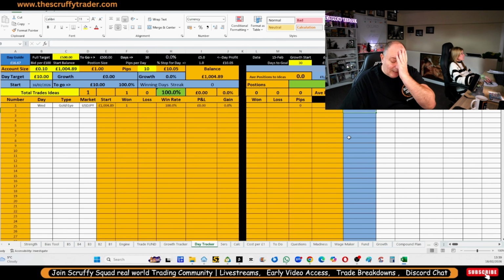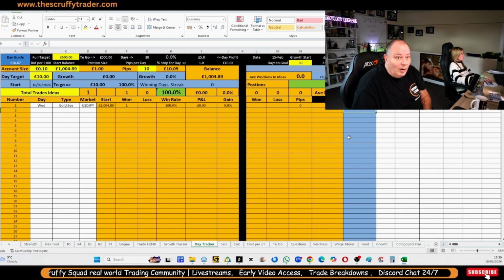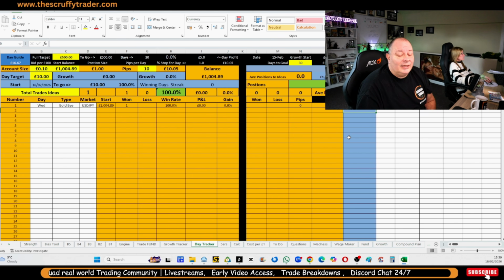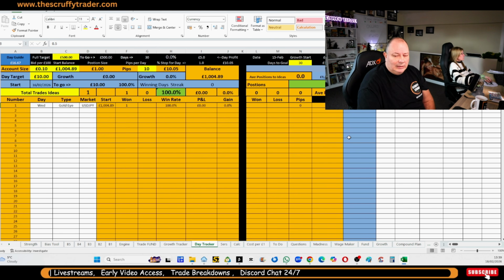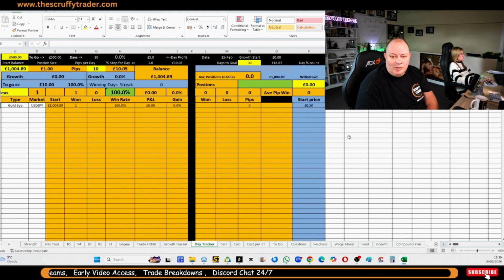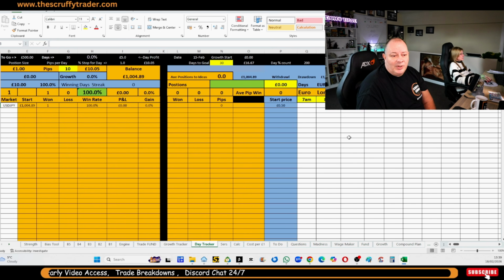So it's 50p a pip. Now I work in money, not lots, etc. So a lot of the time I've got to try and convert it in my head, but I'm not the most articulate at times, so I do get mixed up. But it's 50p, which equates to 0.1.